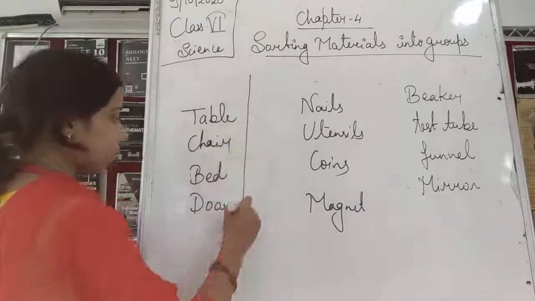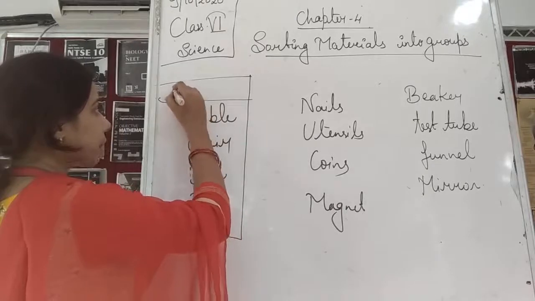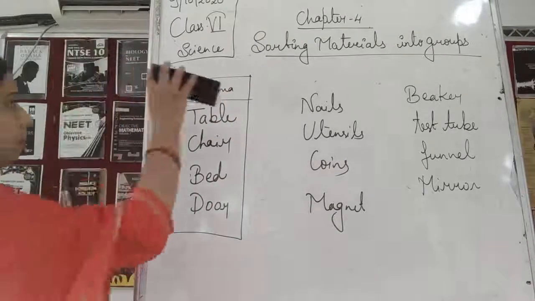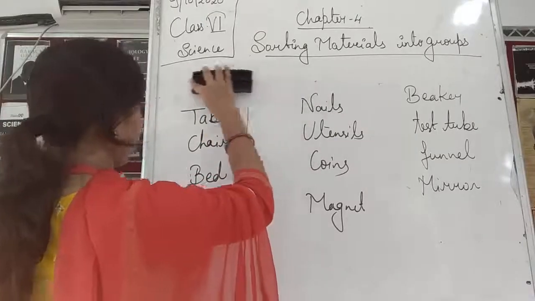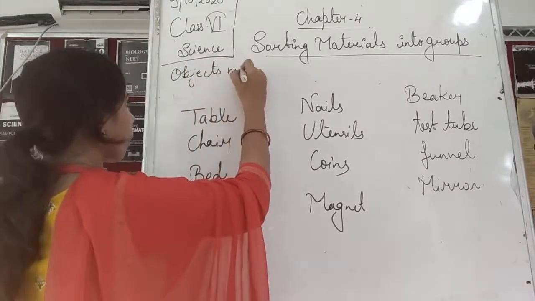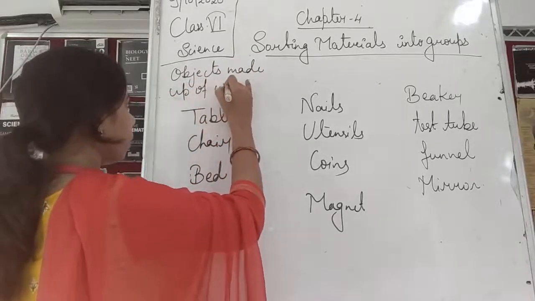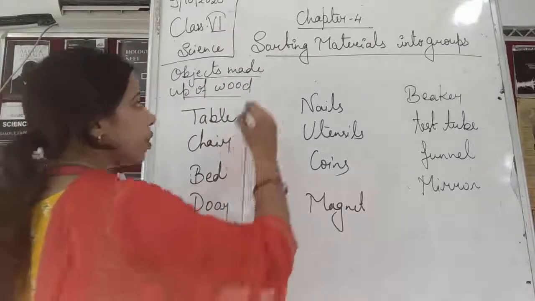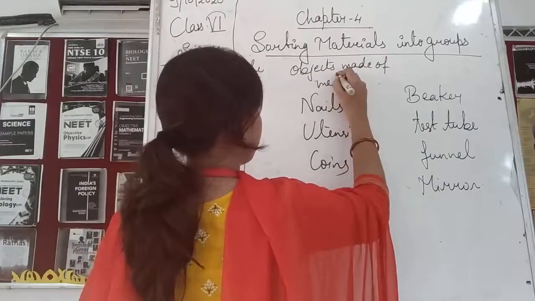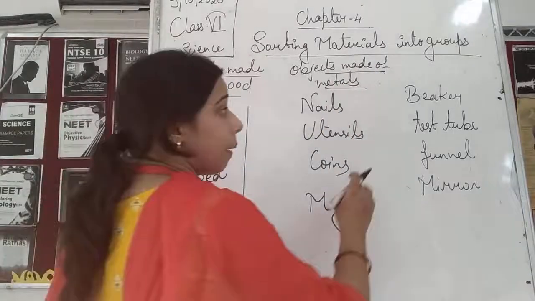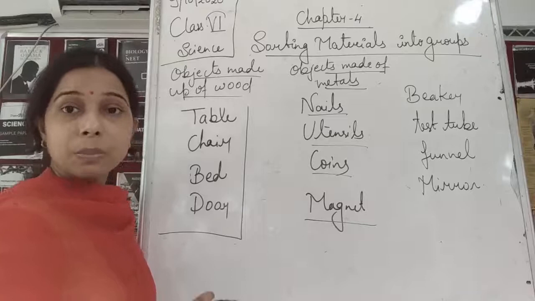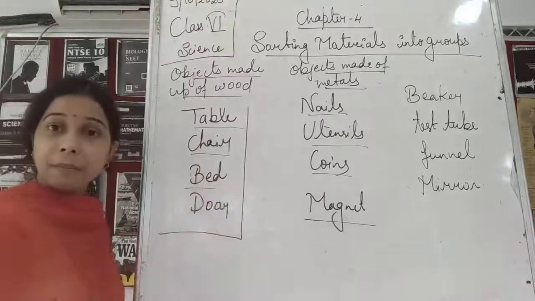So this whole group has been classified since all these objects are made of wood. Here, objects made of metals: nails, utensils, coins and magnet, all these are made up of metal. Table, chair, bed are made up of wood only.